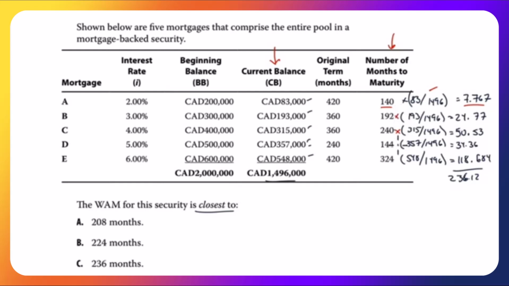You're basically multiplying the months to maturity by the weighting. This is 193 over 1496, and next is 315 over 1496, then 357, then 548. You'll get to 236.12. Just a lot of tedious pounding away at your calculator there.